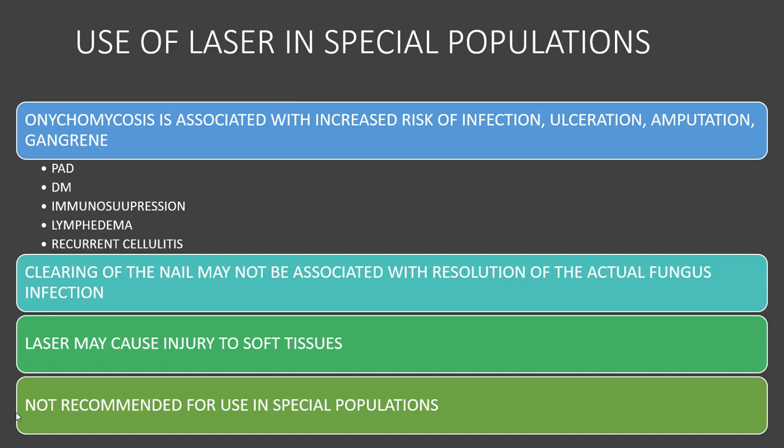These are patients in whom onychomycosis needs to be treated. And the problem is that although lasers make the nail appear healthier, they do not treat the actual fungus. So when we utilize a laser in the at-risk population, we are denying that patient actual treatment.